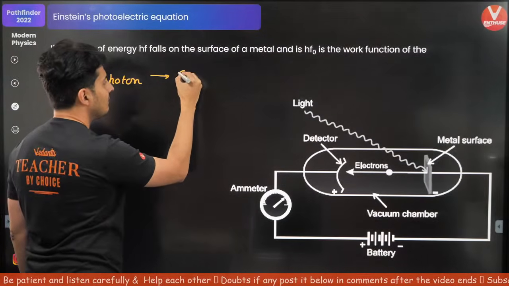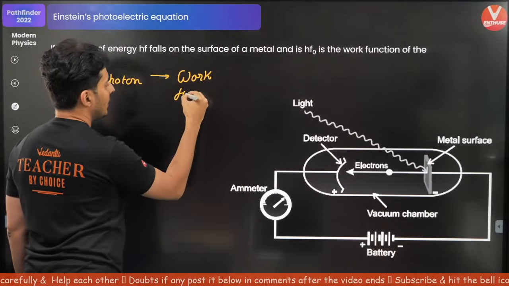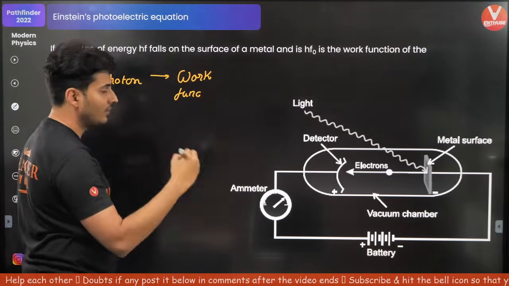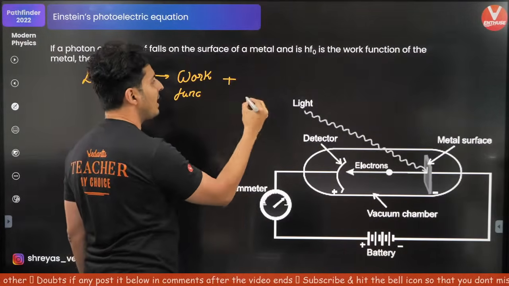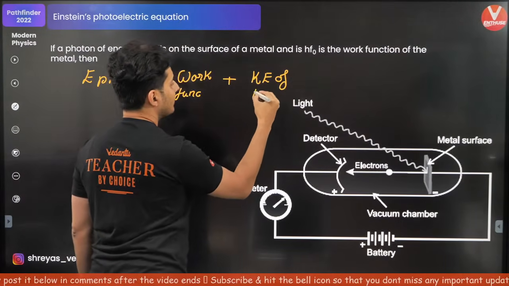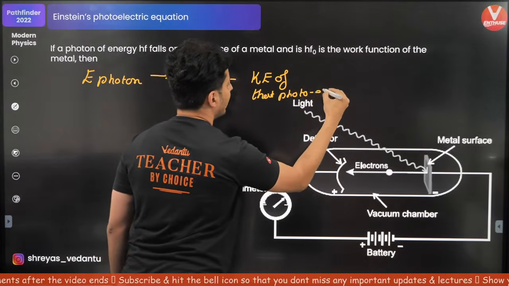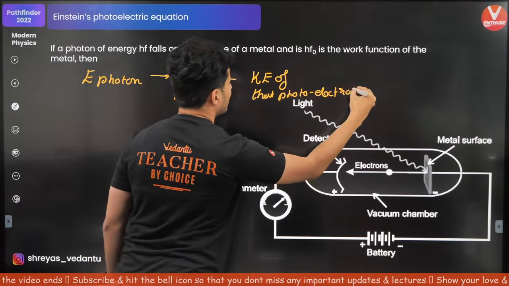That means the work function, to remove that electron out of that atom, and the remaining part is there as the kinetic energy of that photoelectron. Does that make sense to you?